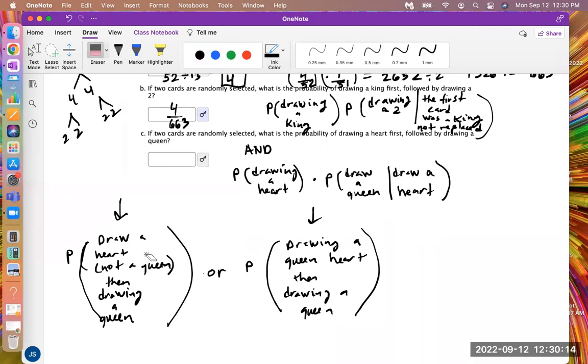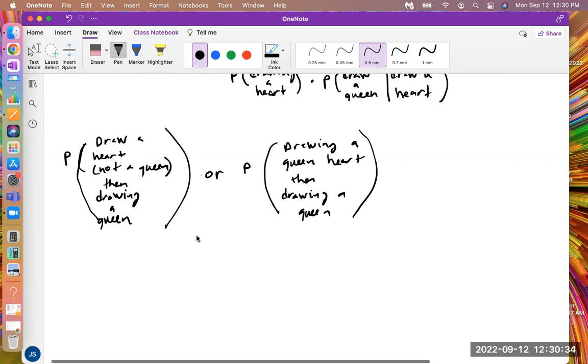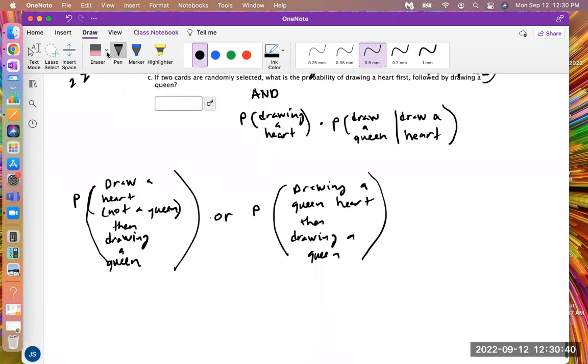And so to find those, all I have to do is add the probability of drawing the first heart and not a queen, then drawing a queen, plus the probability of drawing a queen heart, then drawing a queen. So if we add those two probabilities together, then we'll find our final answer. I'm just going to put plus.